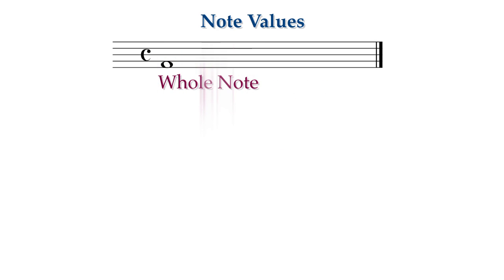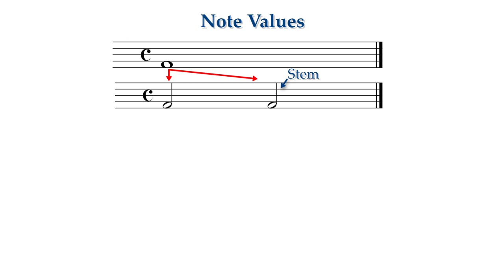An open oval fills an entire measure of common time, so it is called a whole note. An open oval with a stem fills a half measure of common time, or is half the duration of a whole note. It is called a half note.